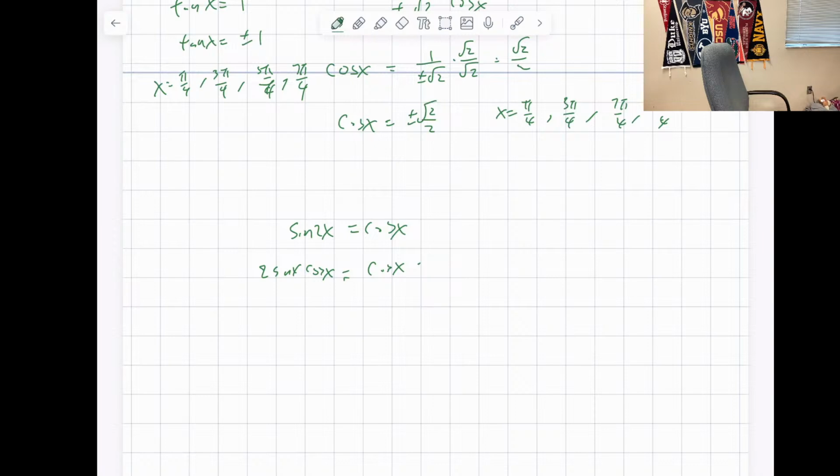Cosine of x is equal to 0 happens at where? Pi over 2, 3 pi over 2, right? 2 sine of x minus 1 equal to 0. Sine of x is equal to 1 half. x is equal to what? Pi over 6 and 5 pi over 6. You should get 4 solutions rather than 2.